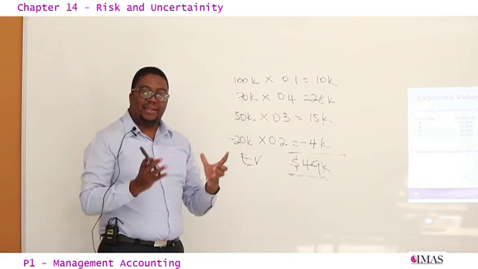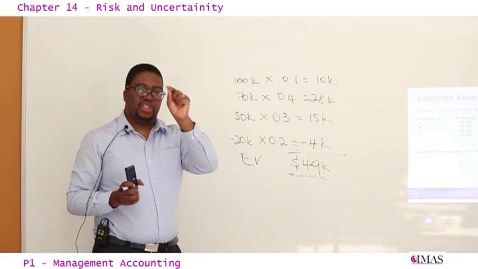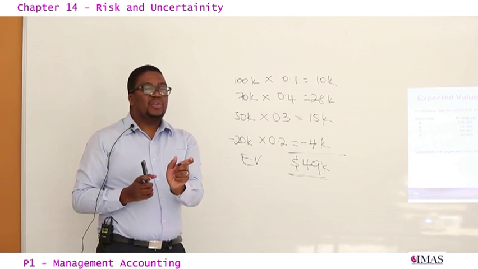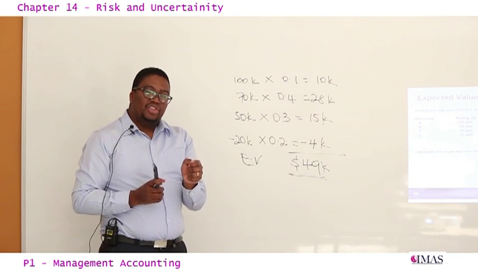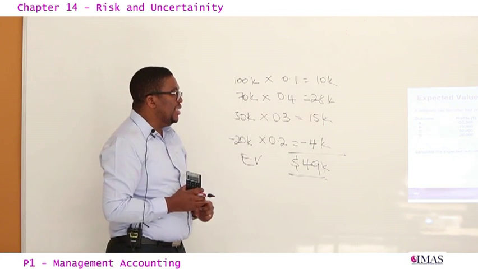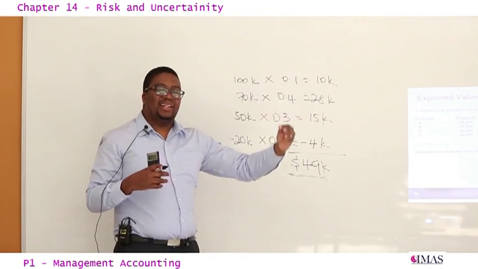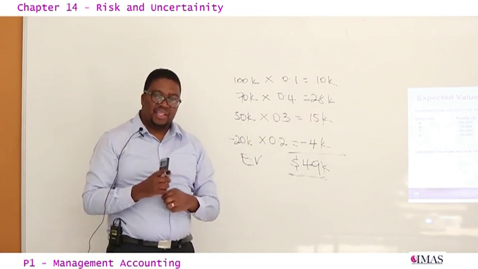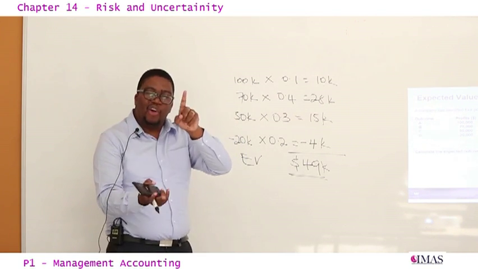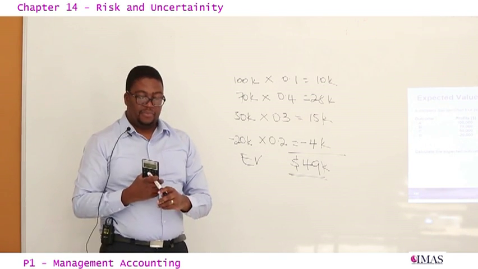These are likely outcomes. Then if the question says to you, what is the most likely? You look for the possible outcome that is attached to the highest probability, which in this case is 40%, which means what we are most likely to make is 70,000. But the 49 is the average of all the possible outcomes multiplied by their probability.